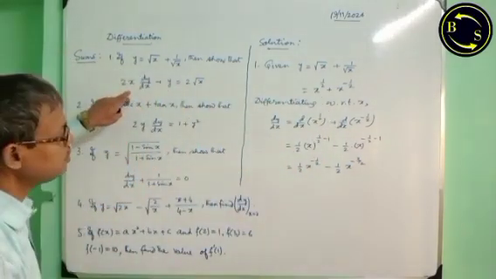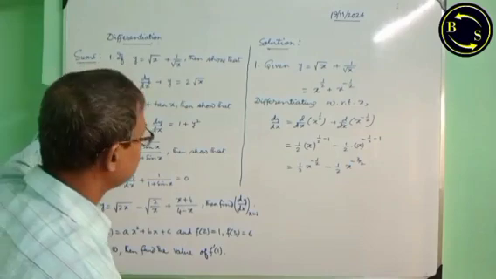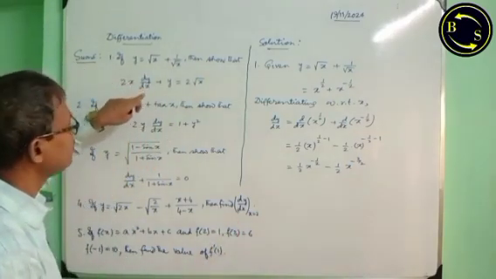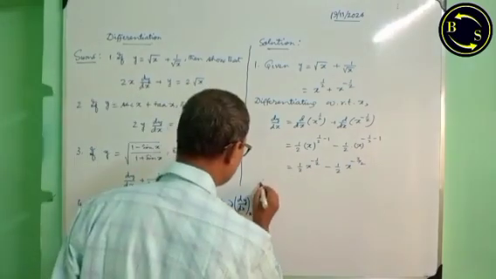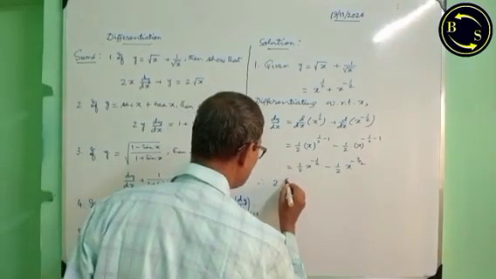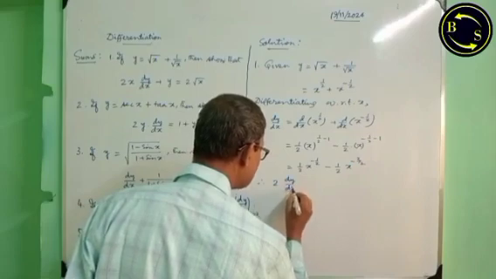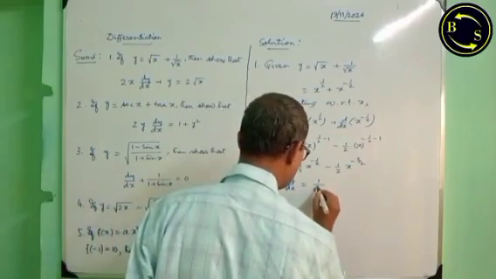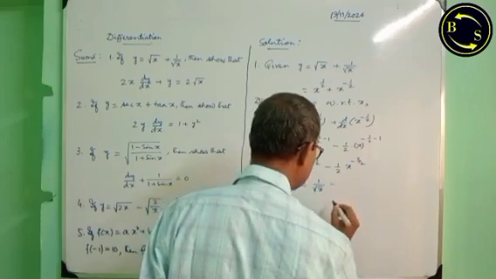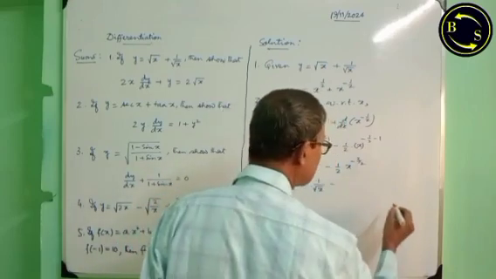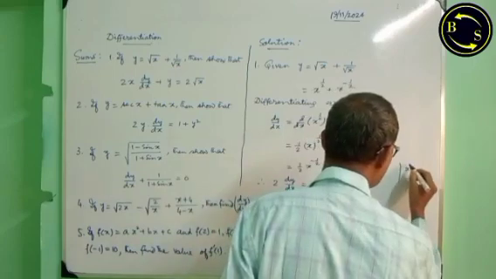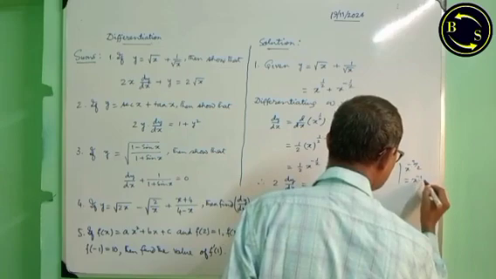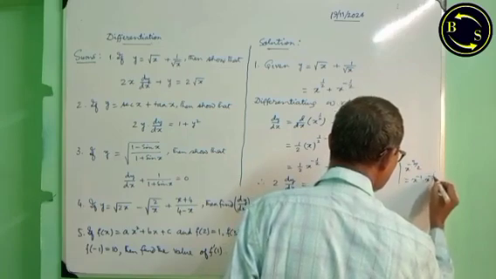Now we have to prove this one. For that we multiply this result by x. x dy dx is there. Therefore 2 dy dx is equal to 1 by root x minus x to the power minus 3 by 2, means x to the power minus 1 into x to the power minus half.